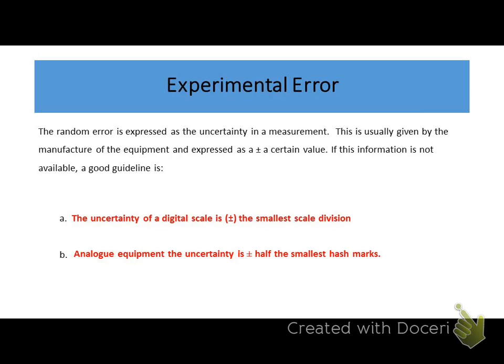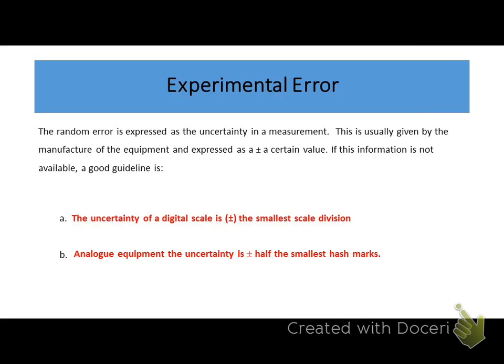We have two types of measuring devices, a digital scale and an analog scale. Digital, you're familiar with. In this age, everyone uses everything digital. But some things in our class are going to be analog. Those are not digital equipment. And so we need to learn how to determine the random error from both.